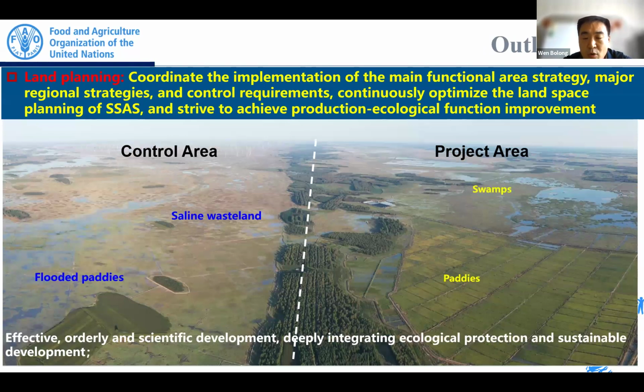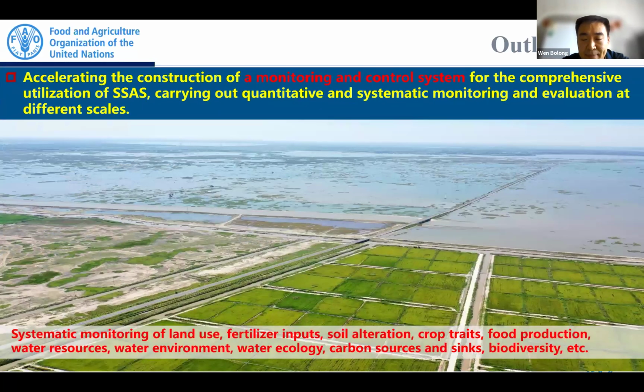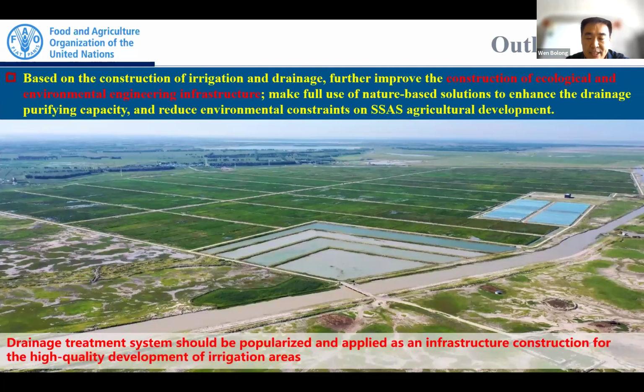First, good overall spatial planning should be done to separate production land from ecological land. Then a whole monitoring and management system is needed to ensure scientific management. And the drainage treatment system with engineered wetlands should be popularized and applied as green infrastructure between the farmlands.